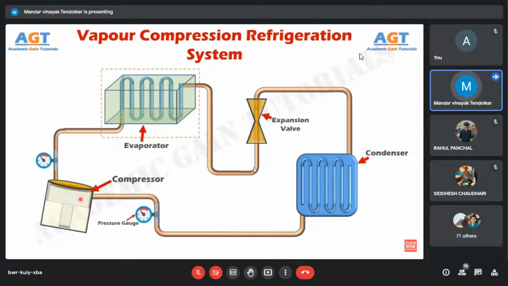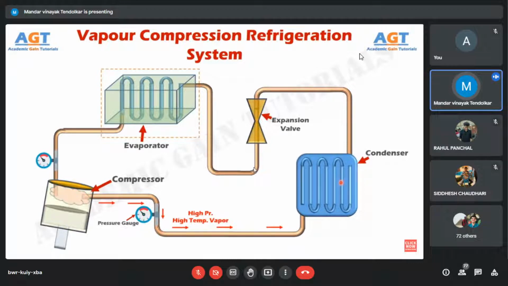Now, we know that if pressure increases, it also increases the temperature. So, when this vapor refrigerant is compressed inside the compressor chamber by squeezing the vapor very tightly together, it will heat up. After that, this high pressure and high temperature vapor refrigerant will leave the compressor and will enter into the condenser through this connected pipe.